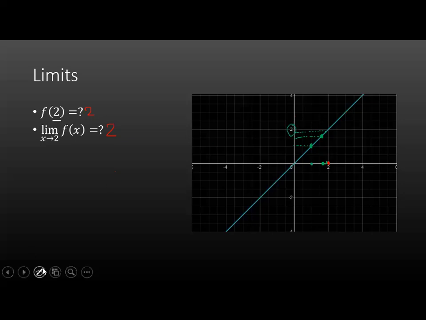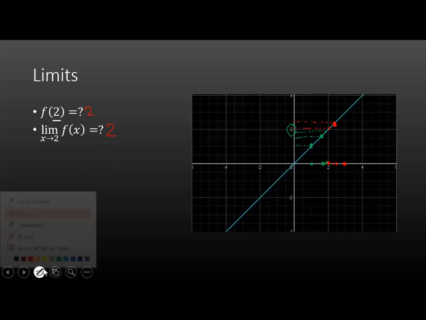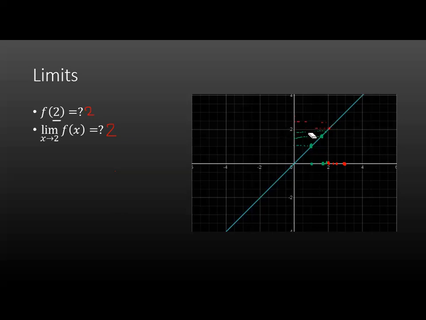You get me? And the same thing on the right side, we start from here, then gets closer to 2. So we have this one, and you have your y value, then gets even closer, and it's getting closer to 2. So they both approach 2. So that's the difference between the two. So it's actually easy that way.